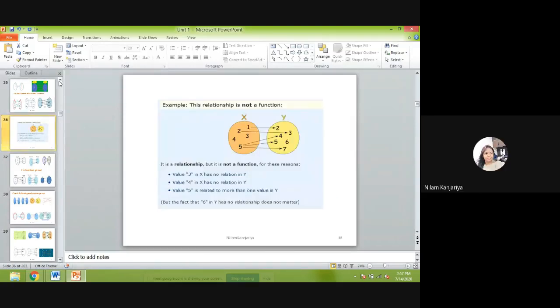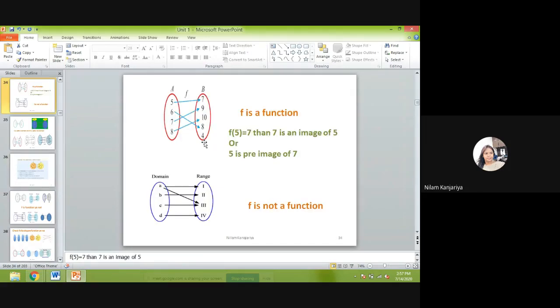Okay, this is a definition and this is an example. What is a function? Every element of set A is related with a unique element of set B. Such a relation is known as a function.